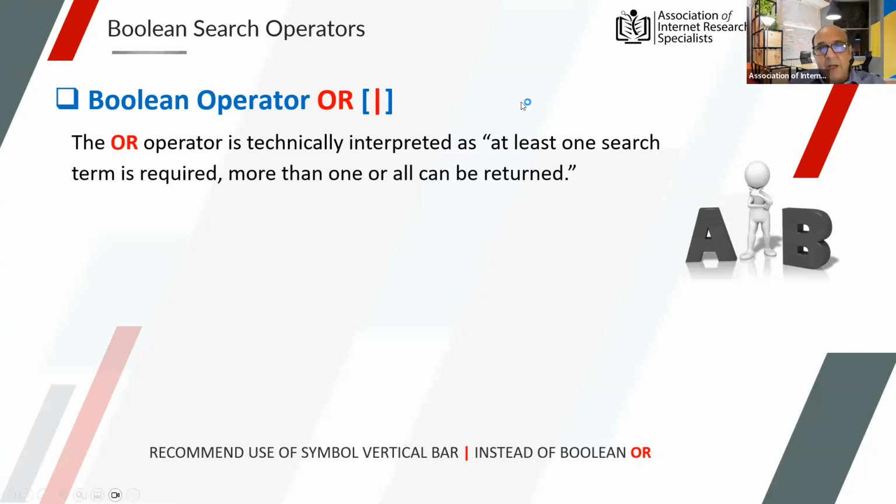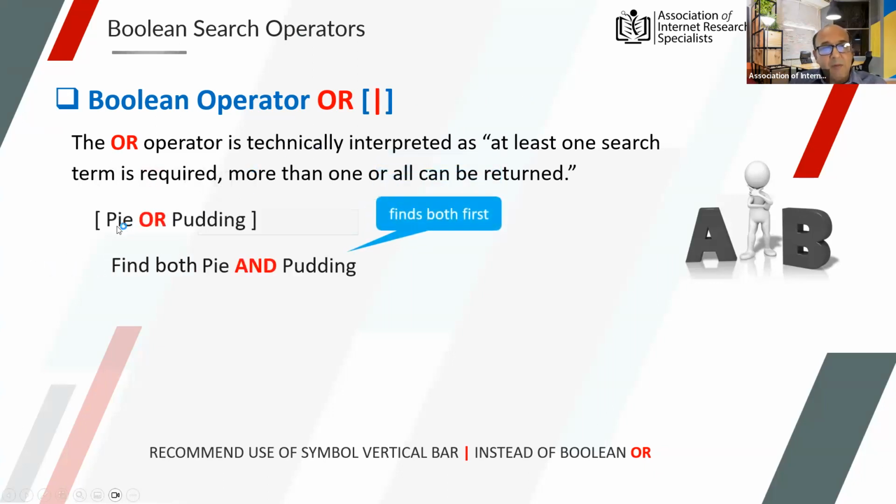Now, in effect, what the search is doing, let's say we have two words, pie or pudding. So pie or pudding means find either of the two. But when it says all can be returned, doesn't it mean that it also has a character similar to how AND would bring all the terms intact together?